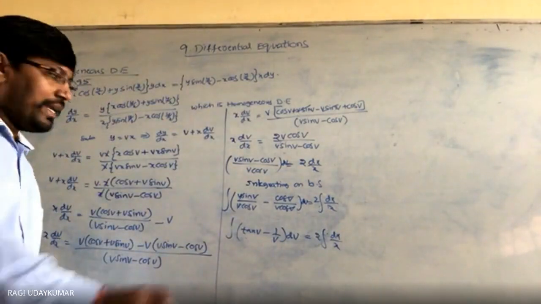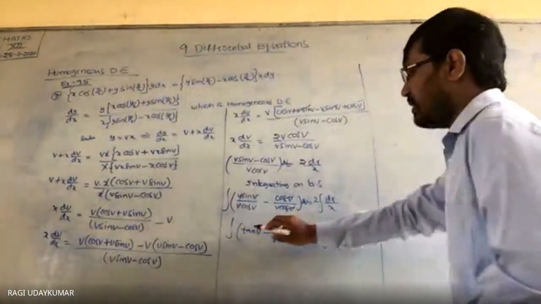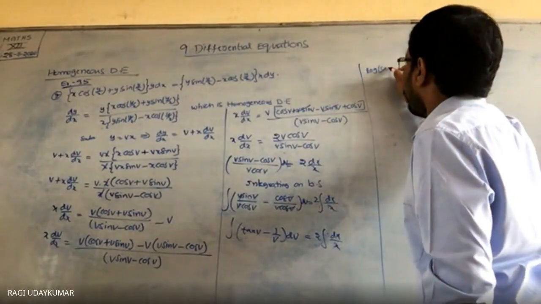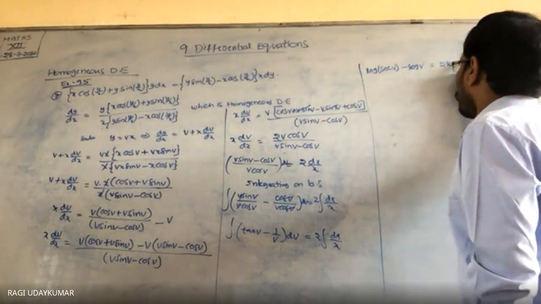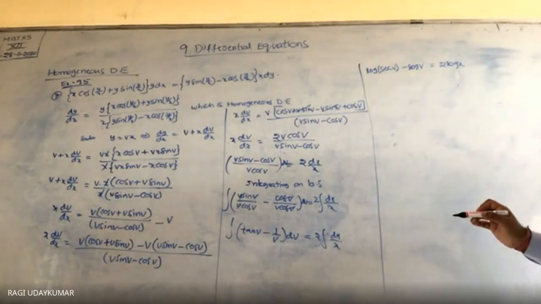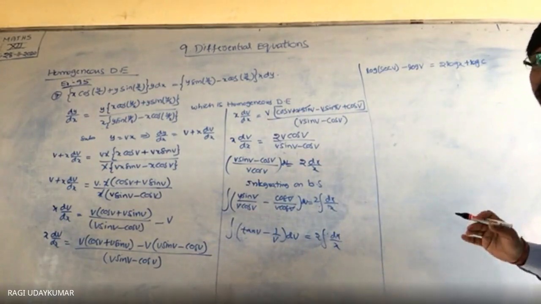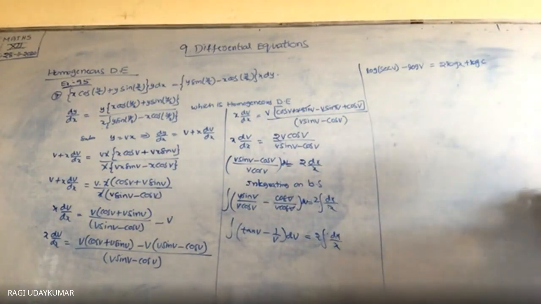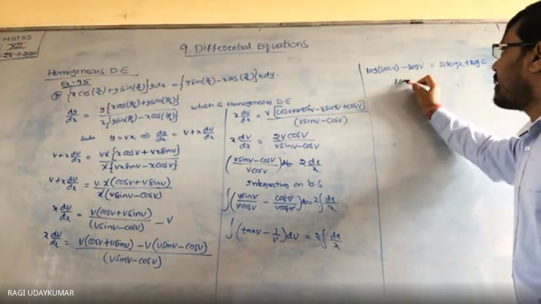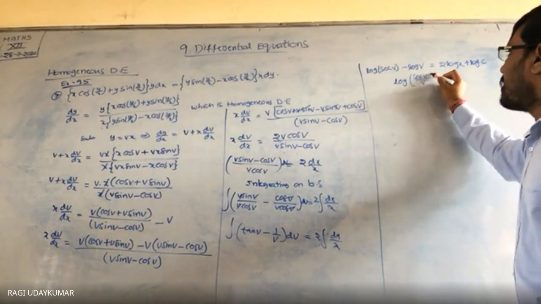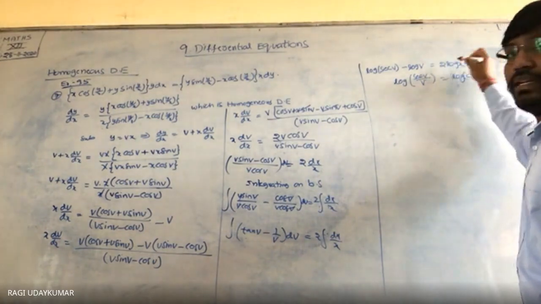Understood? So the integration of tan v is the logarithm of sec v, minus log v. So this is log sec v minus log v is equal to 2 log x. Everything is taken in log, so you can take the constant also in the form of log. The constant can be chosen in any way, because it makes simplification easy. So this side you get log of sec v by v is equal to log c x square, this becomes c into x square.